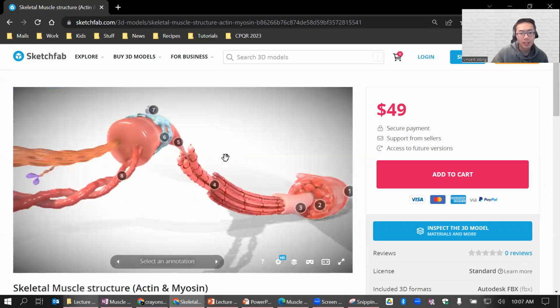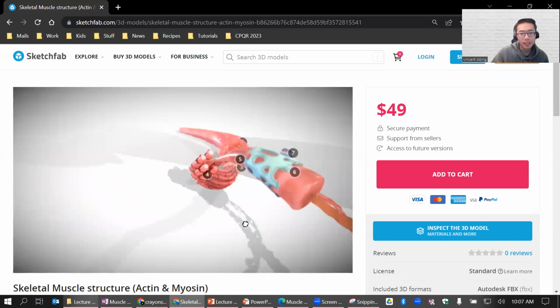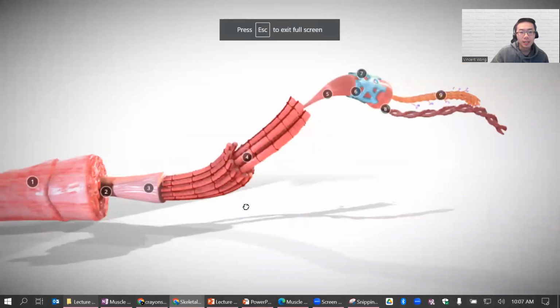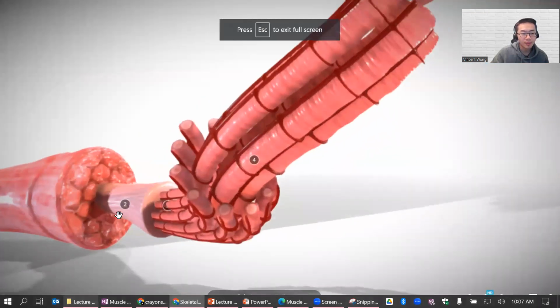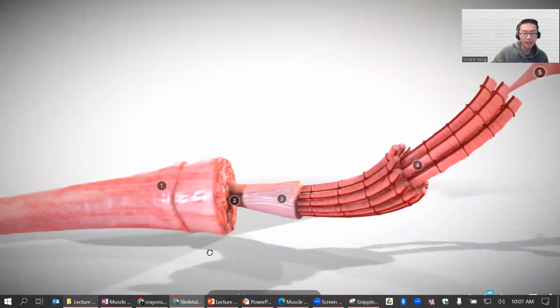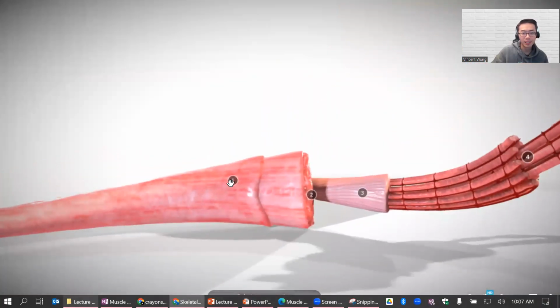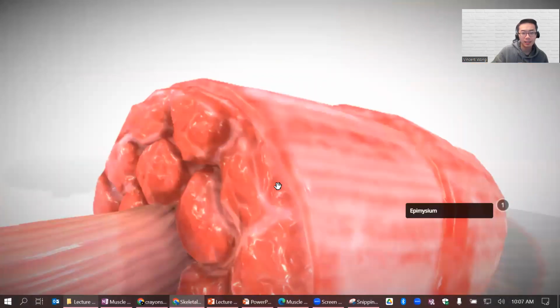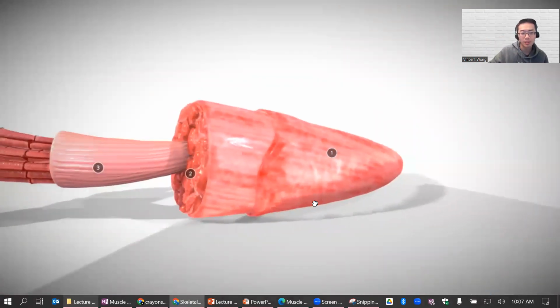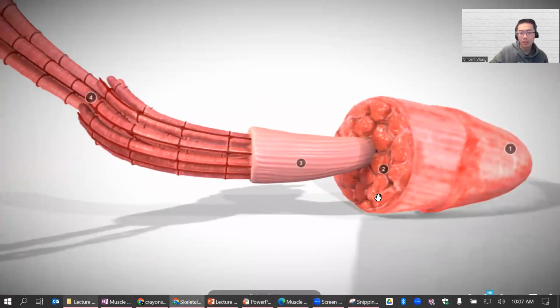Yeah, okay. So this is like a 3D model that you can pay $49 for if you want to. But we're just gonna use a free version. Okay, so this is what we just drew. We have the muscle here, okay? And you can see number one is the epimysium, the connective tissue that surrounds the whole muscle.